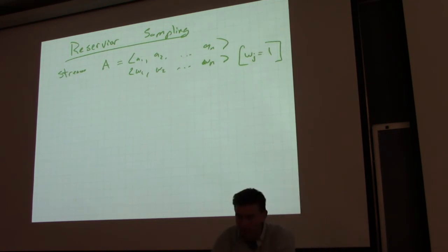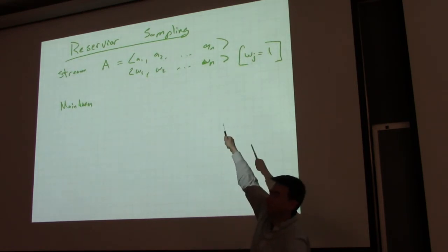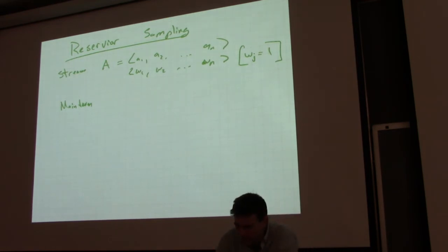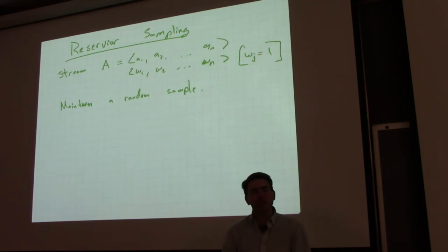Okay, what I want to do is, as I go through this stream, which means that I see the first thing in the stream, then the second, then the third, and I can't store them all in memory, I want to maintain a random sample. I'm just going to maintain one point chosen at random from the stream.